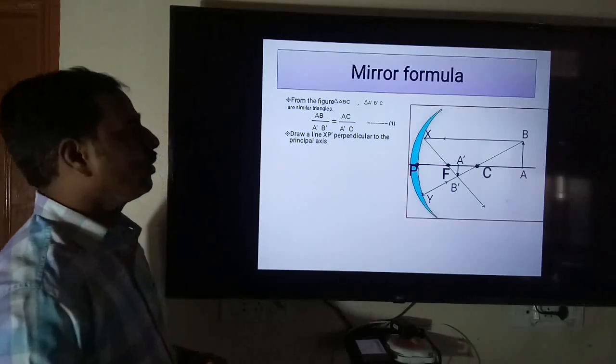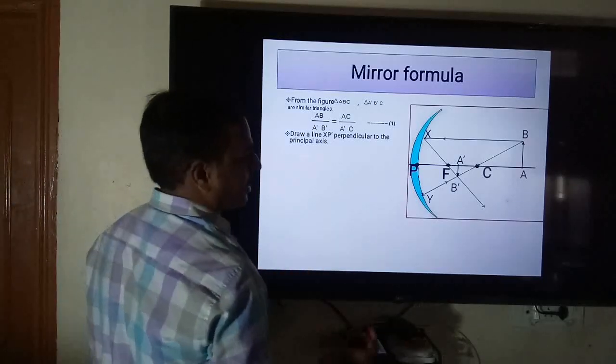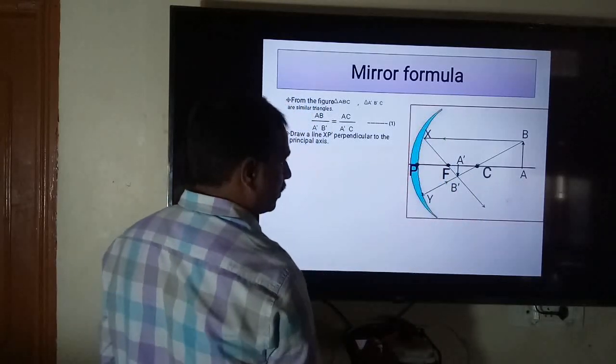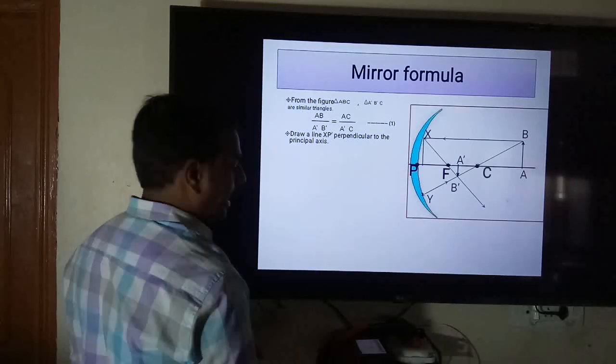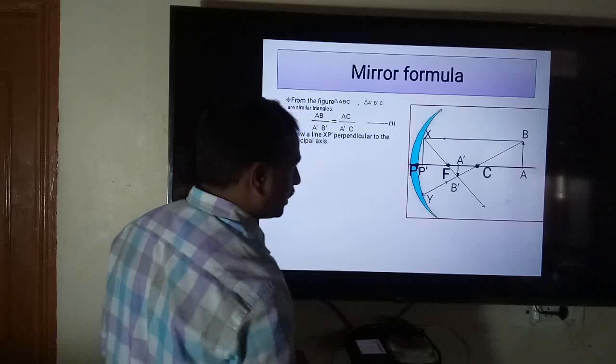Now we are going to draw a line XP dash perpendicular to the principal axis. So upon the principal axis, from X we are drawing a line. Observe here. Yes, a line came. It intersects at P dash on the principal axis.